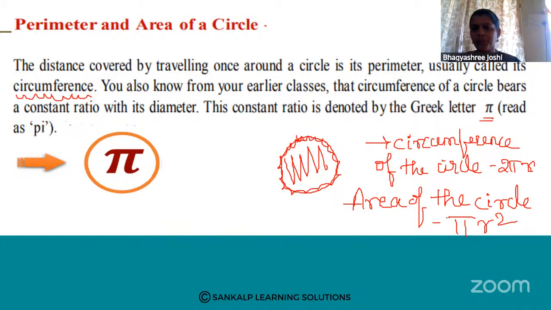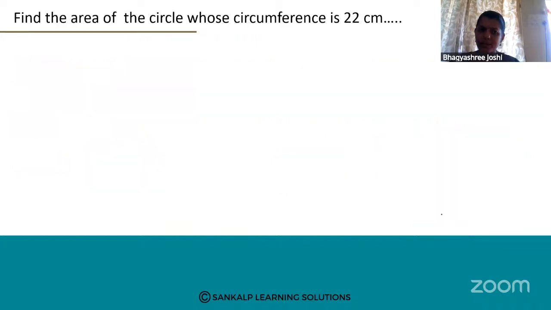Next comes: find the area of the circle whose circumference is 22 centimeter. See here, we need to find out the area. What they have given is the circumference, 22 centimeter, and we need to find the area.